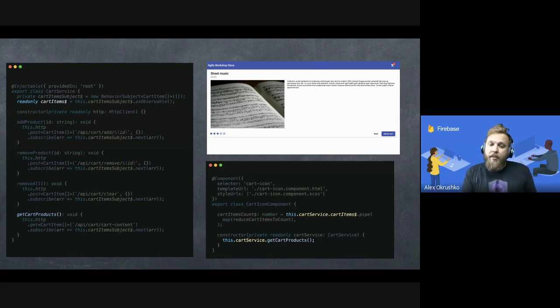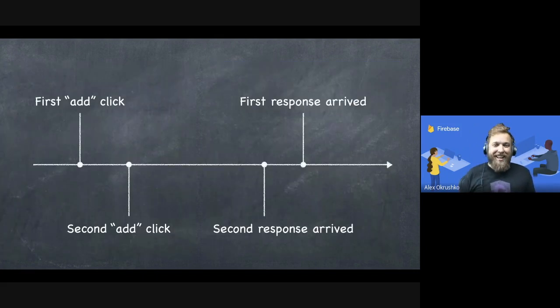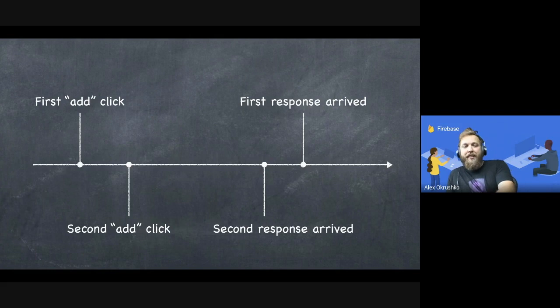But even this solution has its downsides other than perceived complexity. So what are the downsides of such an approach? The downside is frequently overlooked. It's the race conditions. So when we, for example, click the first add click, we have a very excited user that wants to add items to the cart, right?